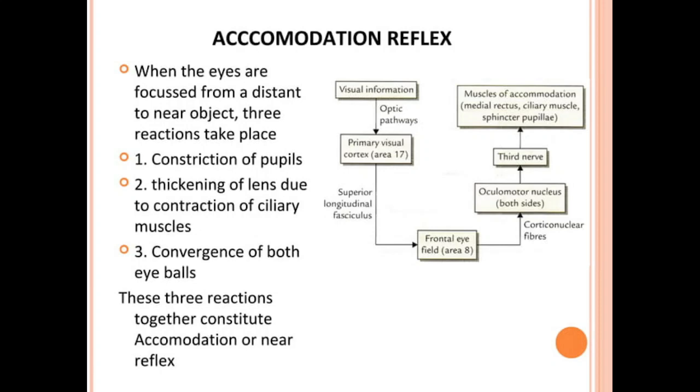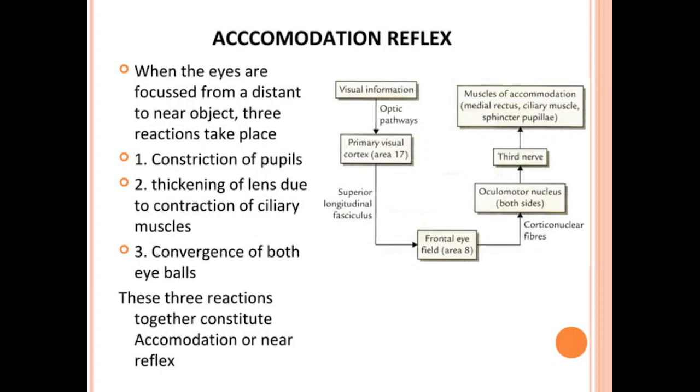When an object is at a distance, the ciliary muscle in the eye contracts, causing the lens to become more convex or round. This allows the lens to refract light more effectively and focus onto the retina at the back of the eye.